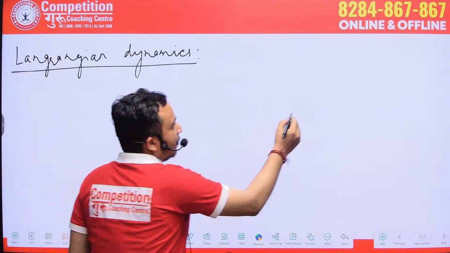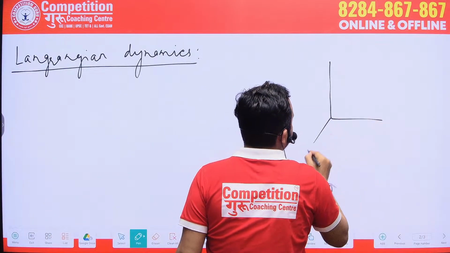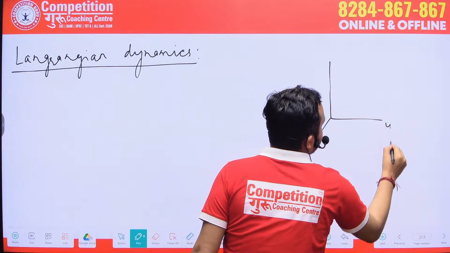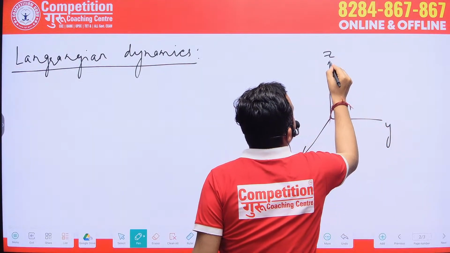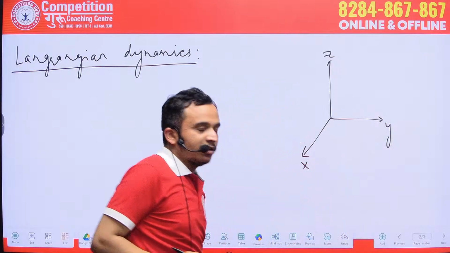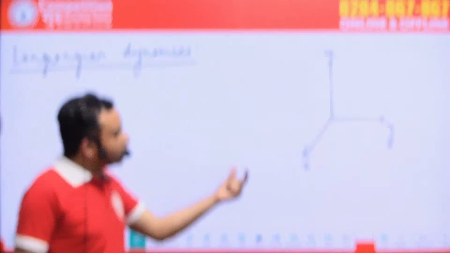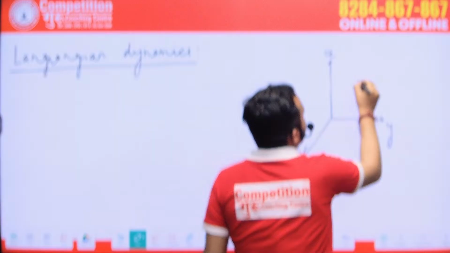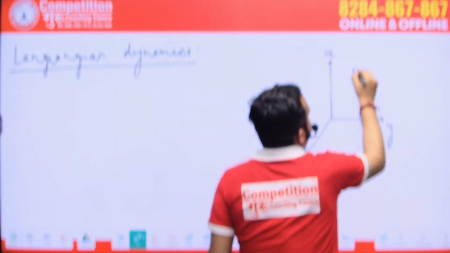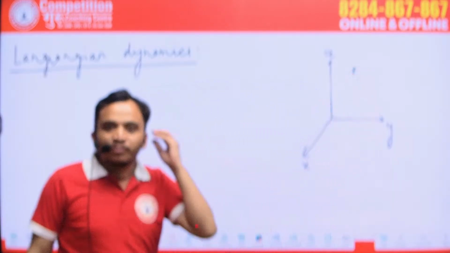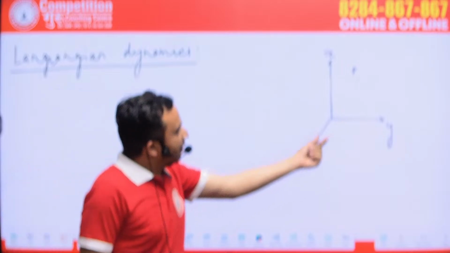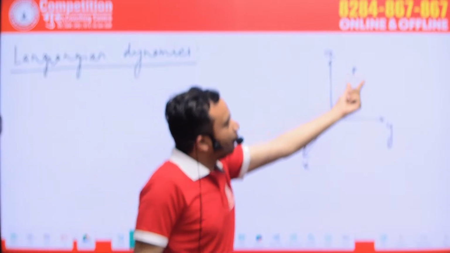For example, here is x, here is y, here is z. If I want to study the motion of this particle, let us suppose this is a particle at a point P, and I want to represent the position of this particle.